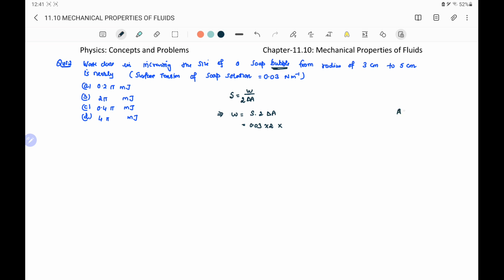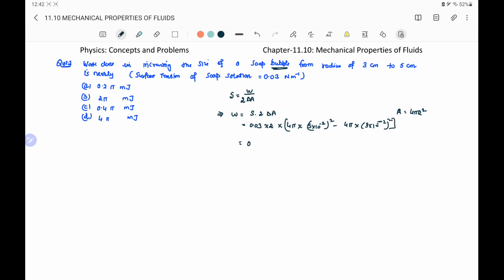surface area A is 4 pi R square, so it will be 4 pi into, and initially radius is 3 and finally it is 5, so we will write 5 centimeter, it means 5 into 10 to the minus 2 meter square minus 4 pi into 3 into 10 raised to power minus 2 square.